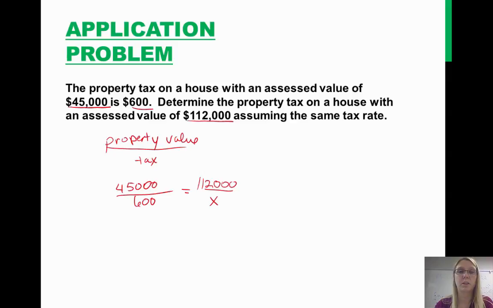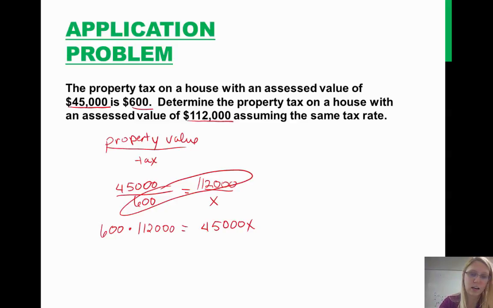So I'm going to use my cross product rule to solve for this. So 600 times $112,000 equals 45,000 times X. 600 times $112,000 is 67,200,000. Now I want to divide that by 45,000.